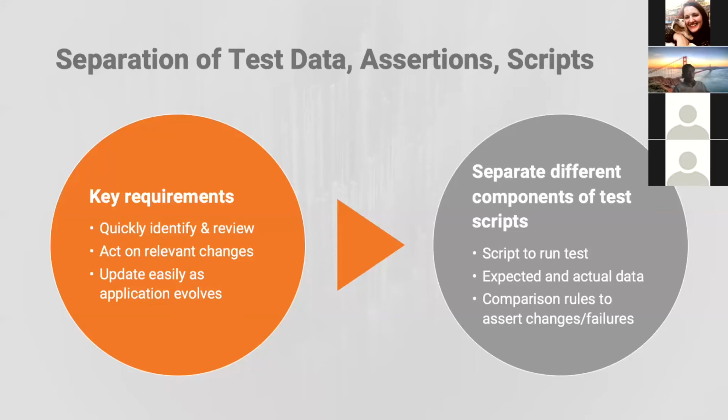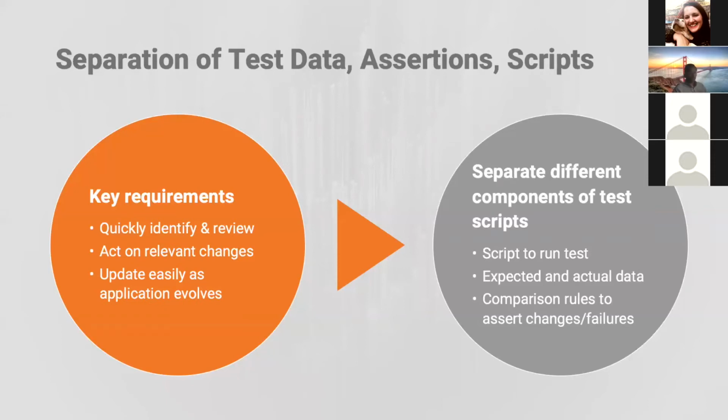What we do is split them apart. There's a script that is taken care of by our driver. The expected and the actual data values are treated as data elements. The comparison rules are a separate entity by themselves. All of these can be edited and operated upon independently.